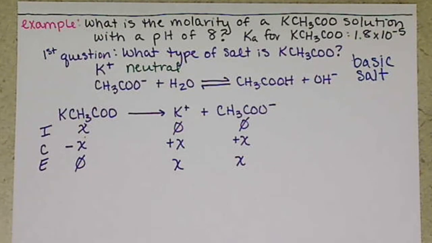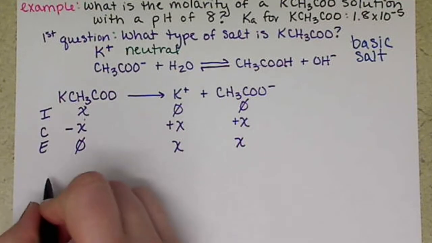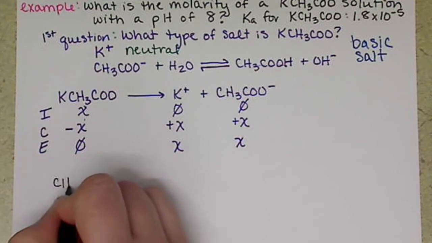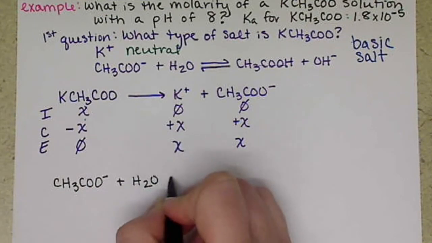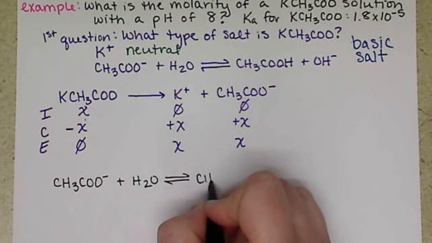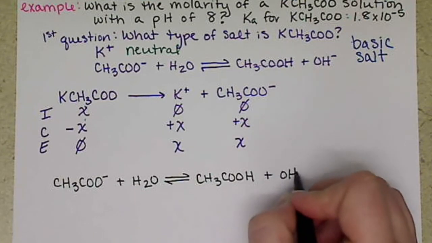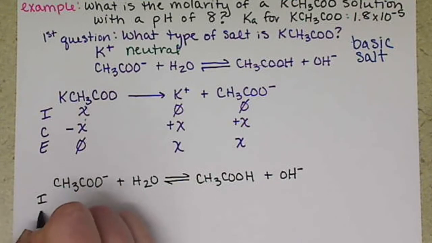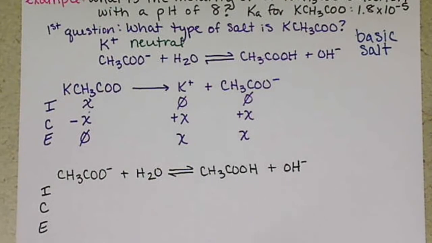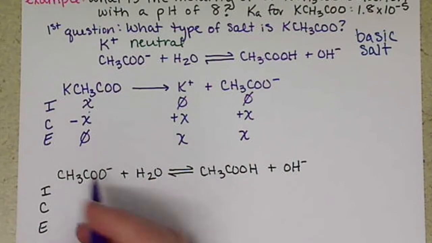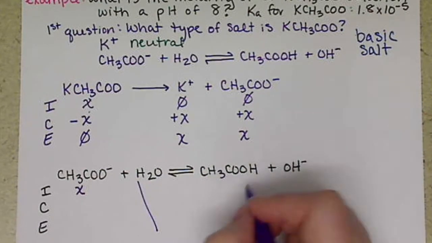So that's what we put into our next ICE table when we look at the equilibrium of the acetate ion in water. So our initial concentration of our acetate ion is X. We don't care about water.